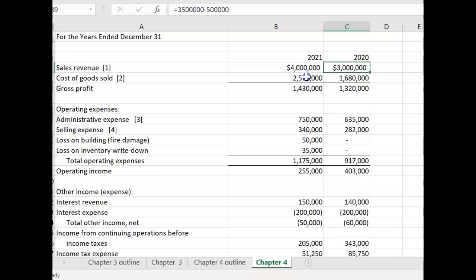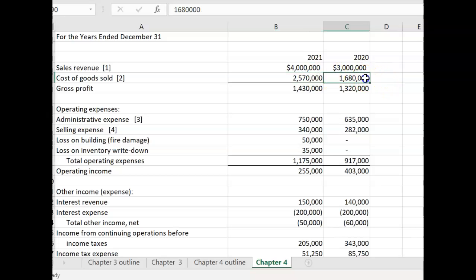We do the same thing for the cost of goods sold. From the information, we take the total cost of goods sold for the entire company and subtract the component unit. And therefore, for the cost of goods sold, we would take $2,860,000 minus the $290,000.